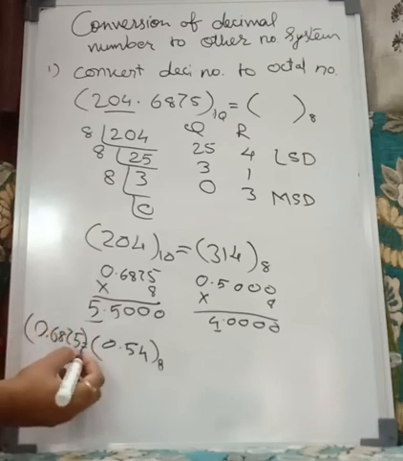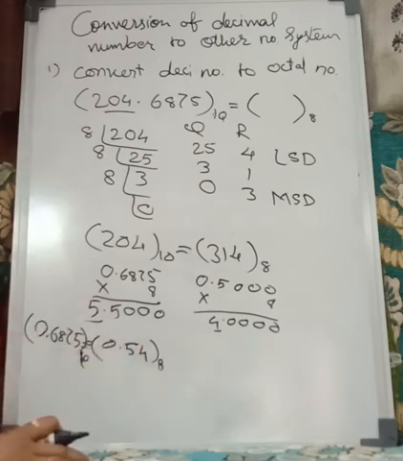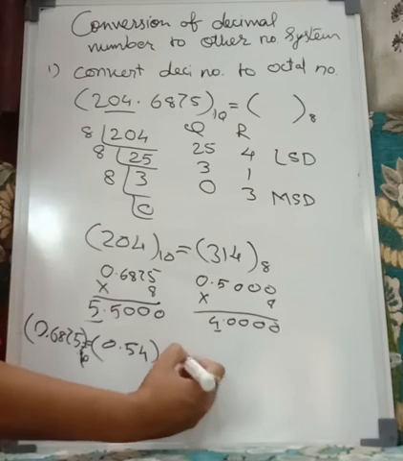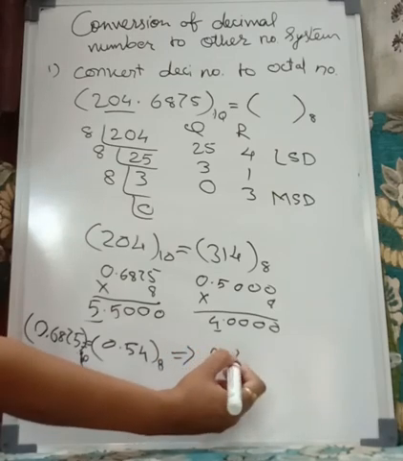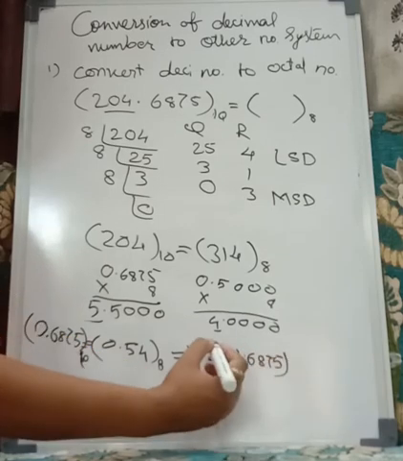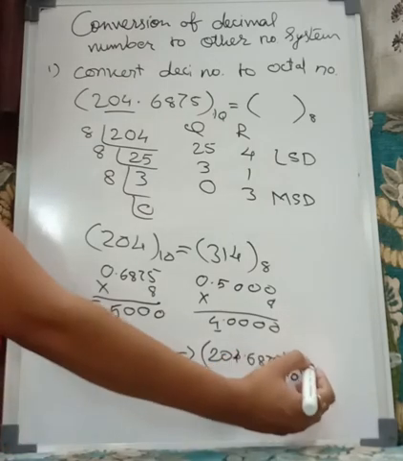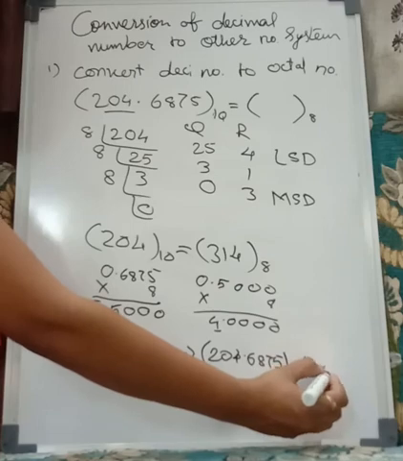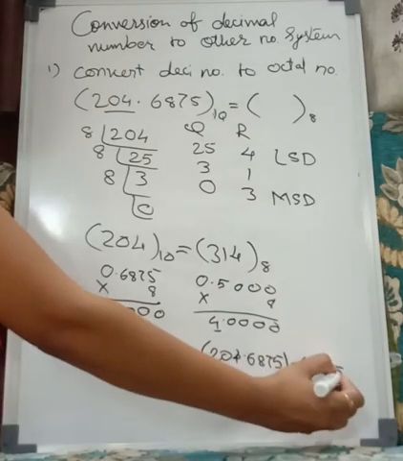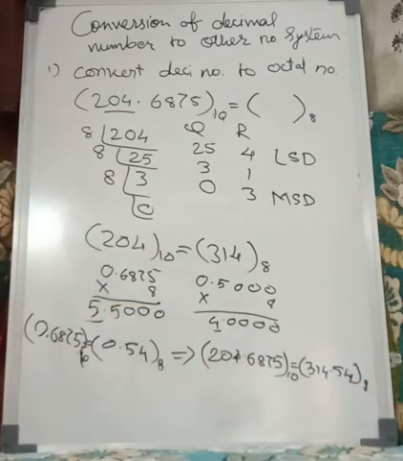Okay, so in this way the complete number 204.6875 decimal is equal to 314.54 octal.